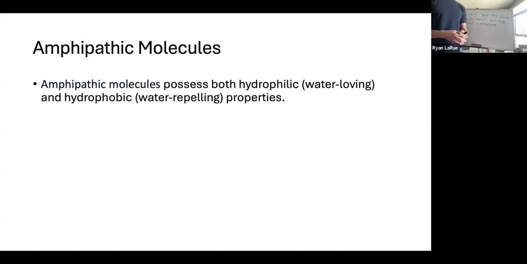Or you could even say charge or polarity. I hesitate to say polarity because water is polar. It has opposite partial charges in different parts of the molecule. But really what we're talking about here is a difference in, you have a charged area and a neutral area.